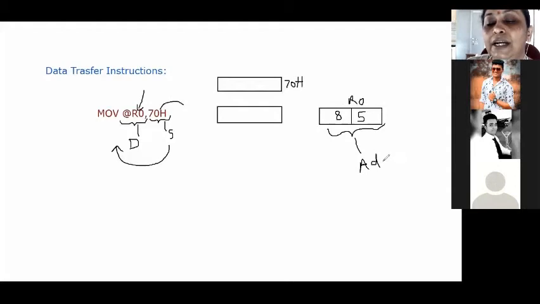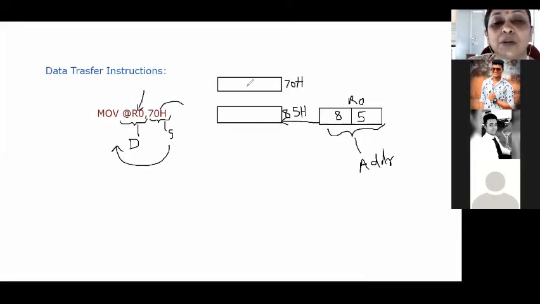It is treated as the address of RAM. Okay. And now this R0 register will point to location 85 hexadecimal of your internal RAM. So this R0 will point to this location.